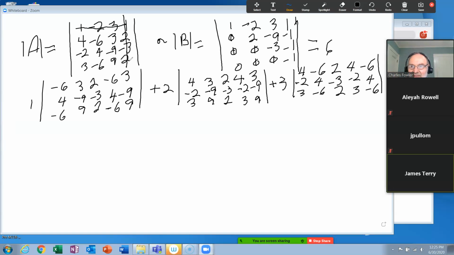What's the sign of that last element? -1. So now we have a -1 times the determinant left over there: a 4, -6, 3, 4, -6.